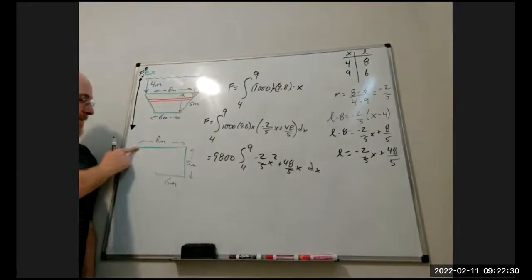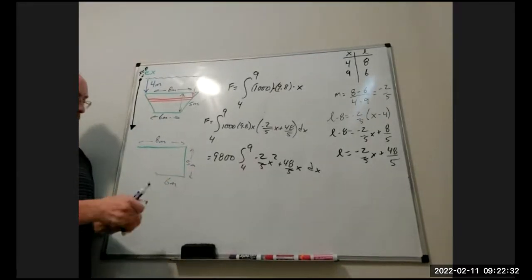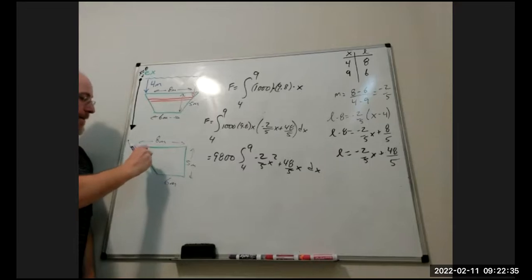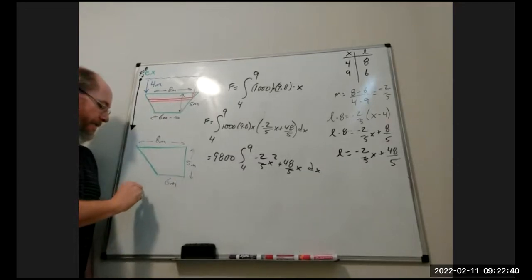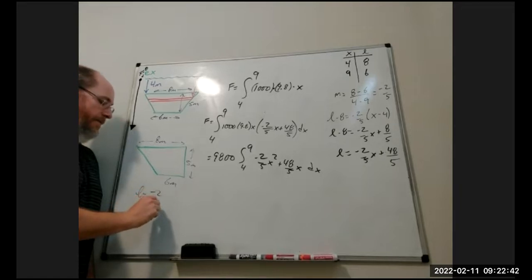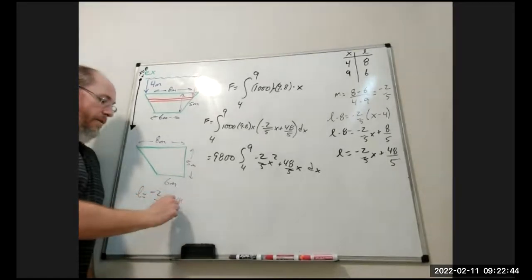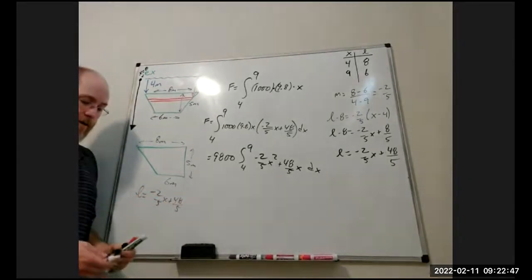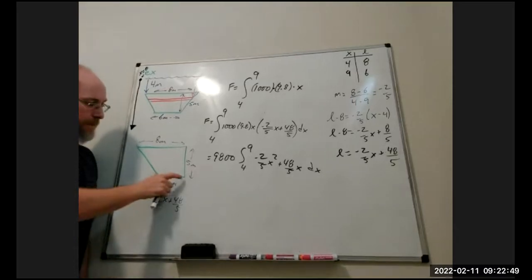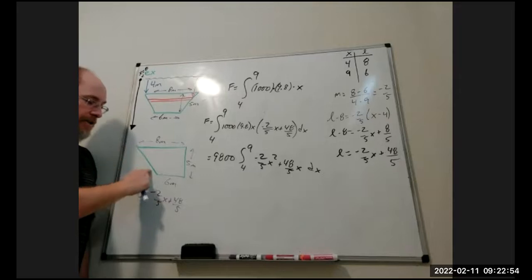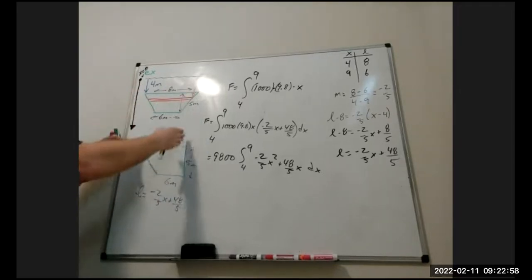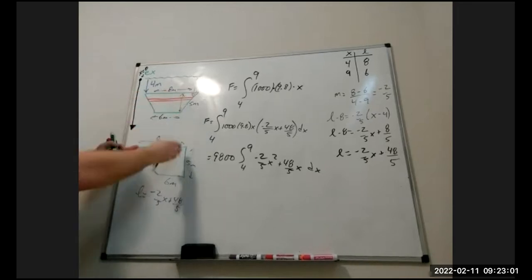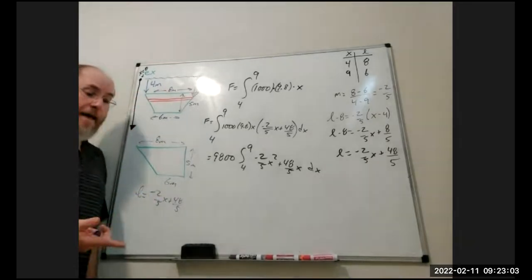As long as this side is linear, which I was trying to draw as a line segment, but it kind of got curved on me, in this case we would still have that same length. It's still going to be minus 2/5 x plus 48/5, because the change is due to a linear change on this side. So having two lines on one side versus two same kind of lines versus two different lines, that didn't matter.